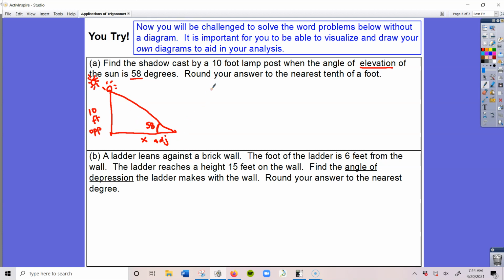So I would use the tangent of 58 is going to equal opposite over adjacent, so 10 over x. Multiply x to both sides. We get x tangent of 58 is equal to 10. So to solve for x, I'm going to divide by the tangent of 58.